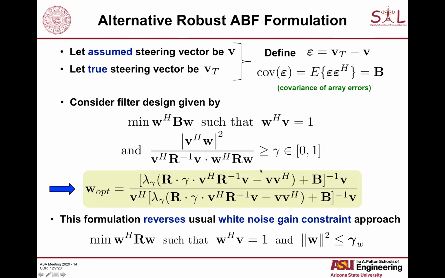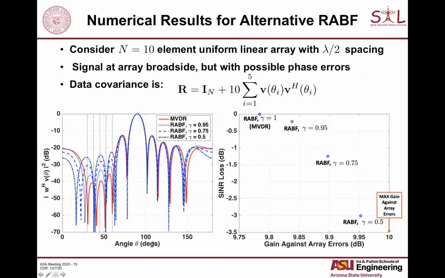Now, if you compare this to the solution you would get with the white noise gain constraint, what we've done is we simply just reverse what we minimize versus what we constrain. Here we actually constrain the response to array errors, where here we're actually minimizing the response to array errors. Here we actually constrain the SINR loss, where here we actually minimize the SINR loss. So we're just changing the roles, but it turns out to have a very interesting effect.